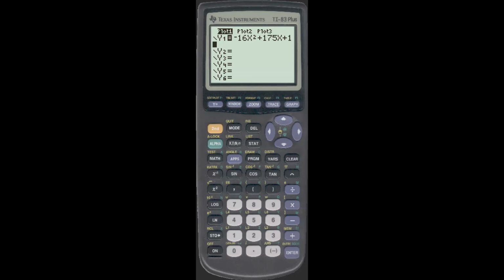There we go. X squared plus 175 X plus 1. And we got that from the ABC, or A x squared plus Bx equals C.